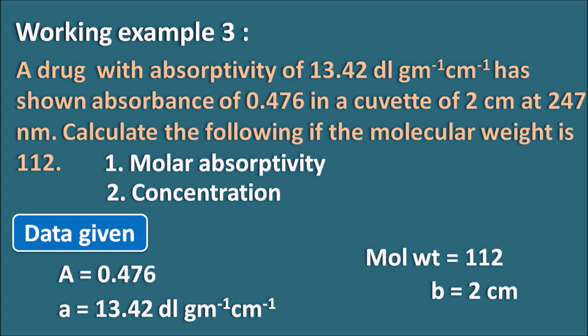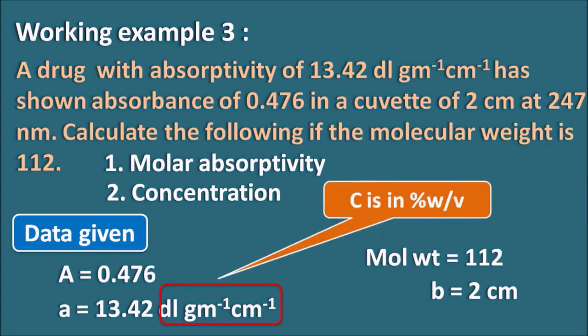And here you can observe the term absorptivity small a, where the units are deciliter gram inverse centimeter inverse. That means these units indicate that the concentration is expressed in terms of percentage weight by volume. Otherwise the concentration is given in terms of grams per 100 ml.